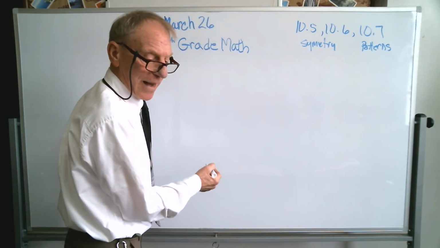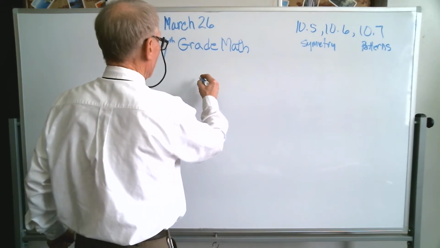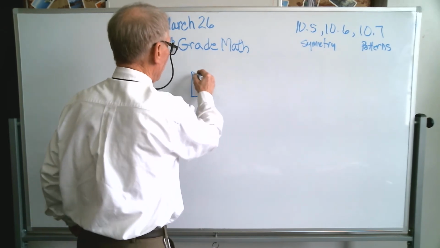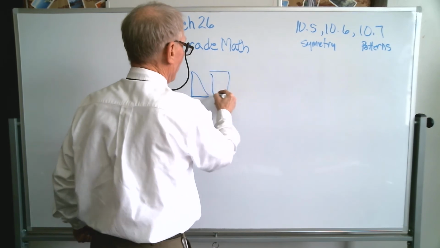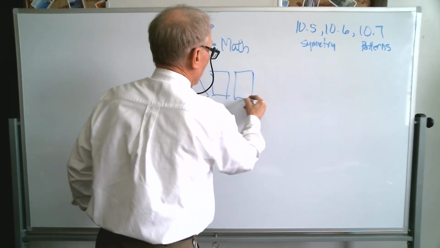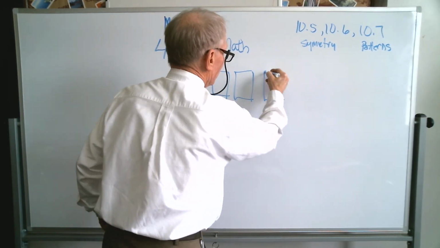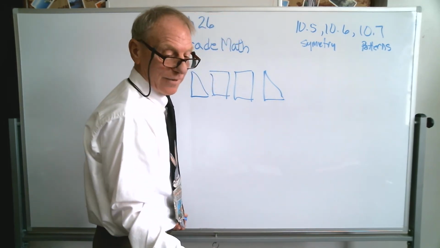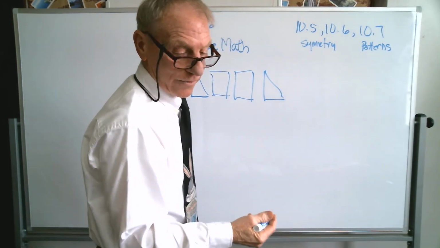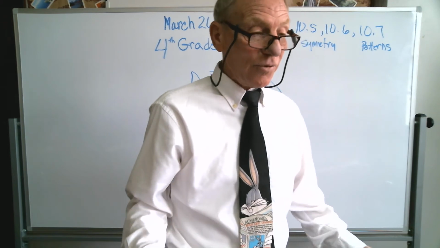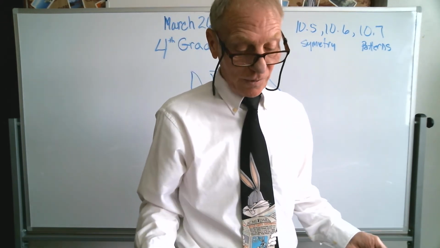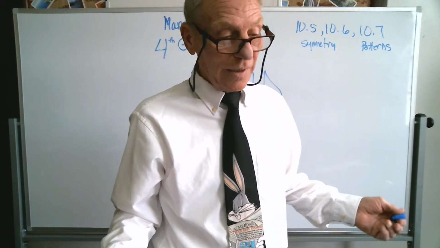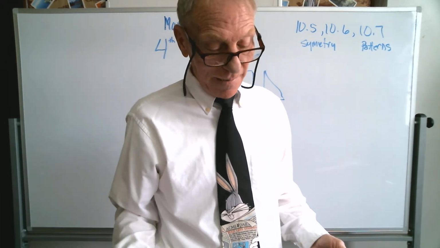Another example they have in the book is they give you a triangle followed by 2 squares followed by a triangle. What do you think comes next? Yeah, 2 more squares. And then a triangle, then 2 more squares, then a triangle, then 2 more squares and a triangle. So it just keeps continuing that pattern.